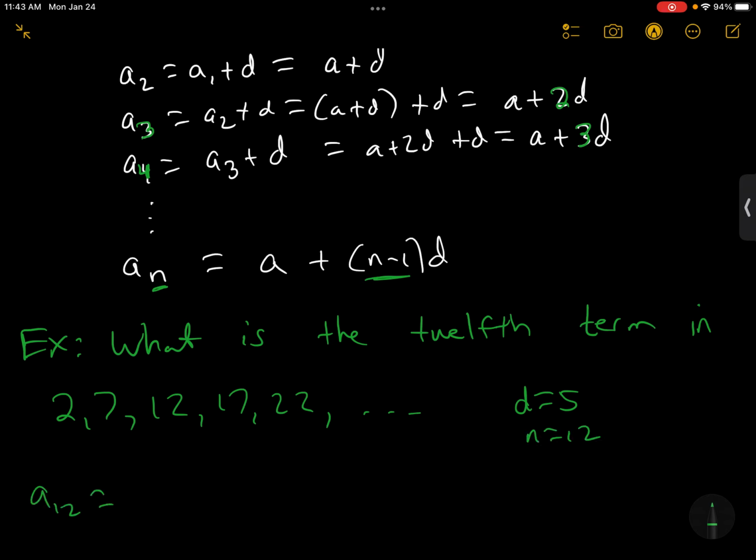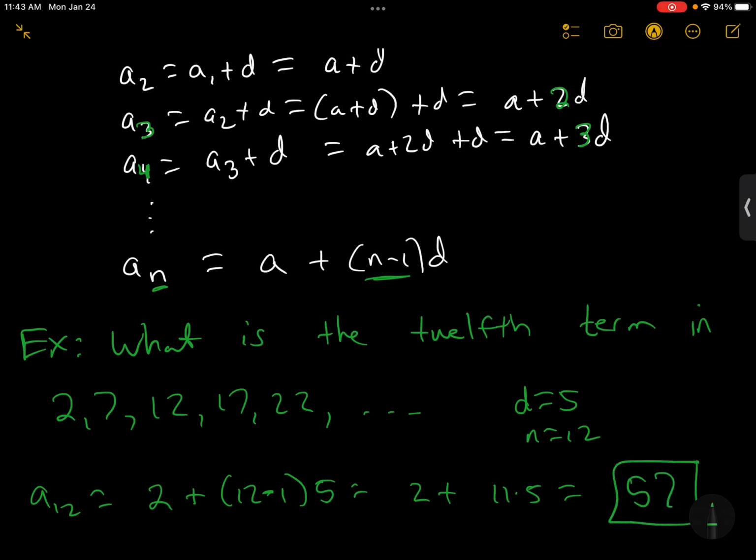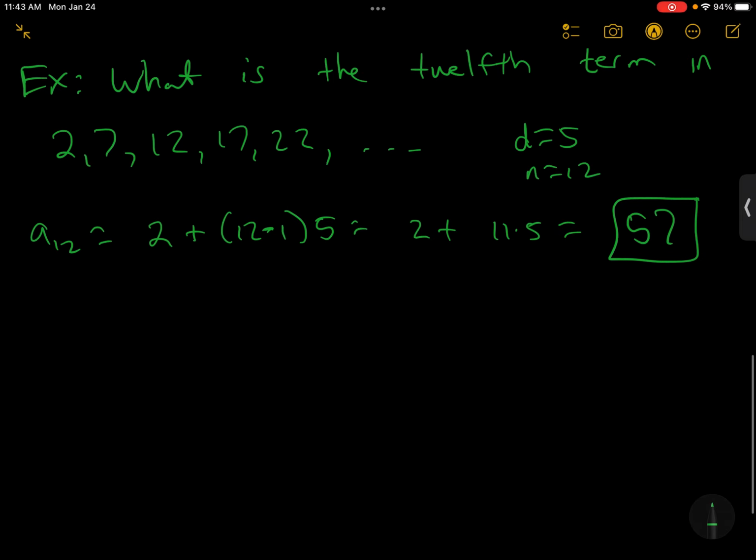So the 12th term is A, which is 2, plus n minus 1 times 5, which is 2 plus 11 times 5, and that number is 57. My 7s get sloppy on this pen. 57.